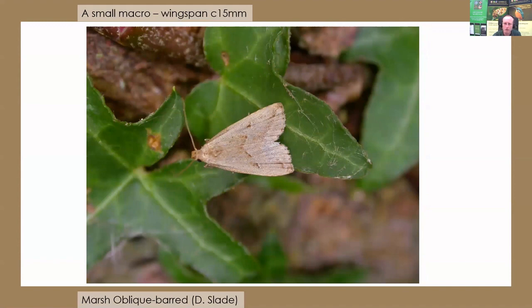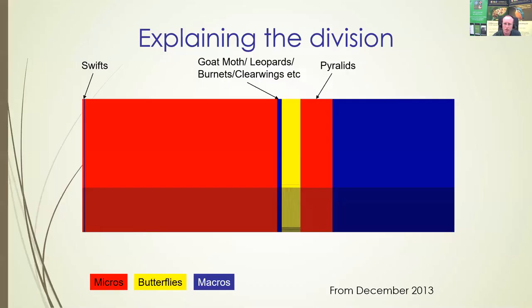So it's not about size. It's all about taxonomy. This is the taxonomic order of Lepidoptera, split out with the red species being the micros, the blue species being the macros, the butterflies roughly in the middle.